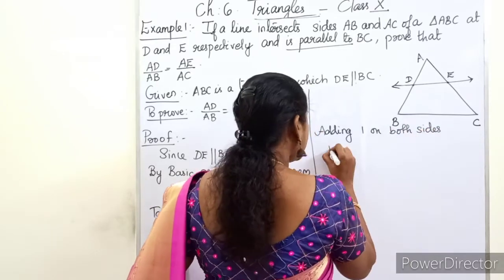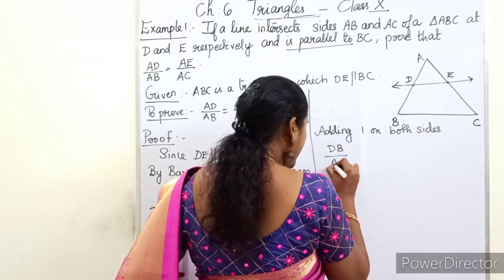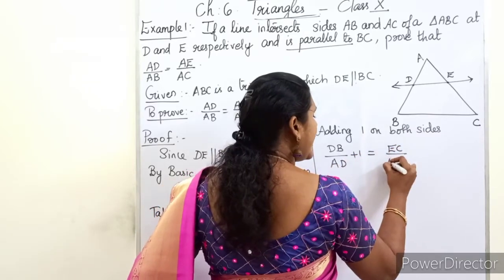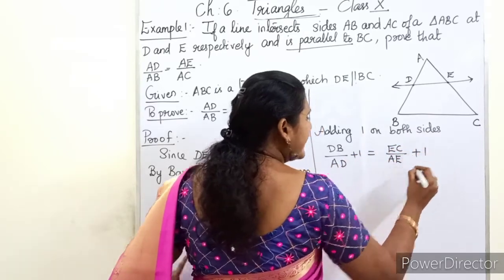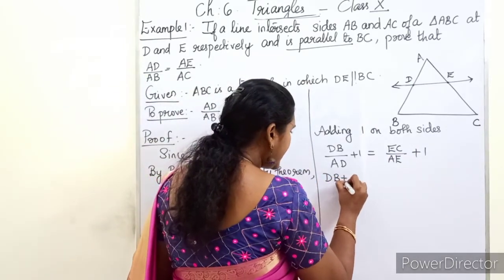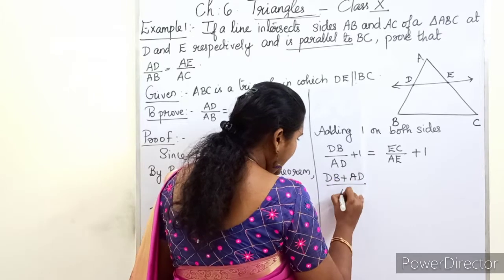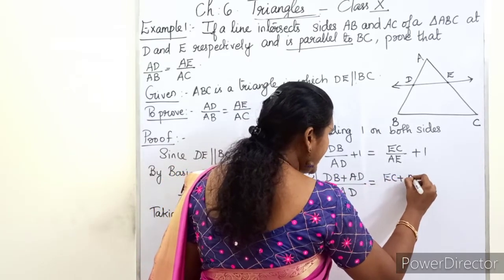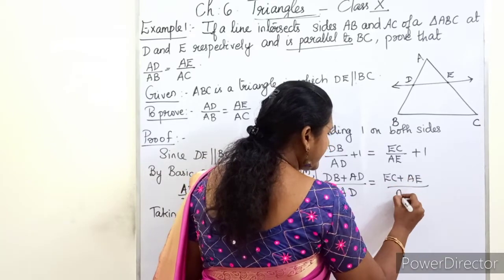So we can write DB by AD plus 1 is equal to EC by AE plus 1. Now we will take LCM on both the sides. So DB plus AD by AD is equal to EC plus AE by AE.